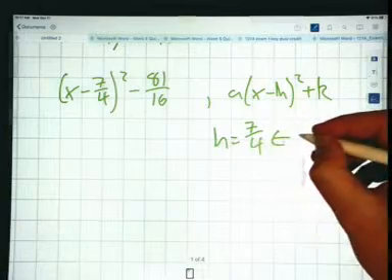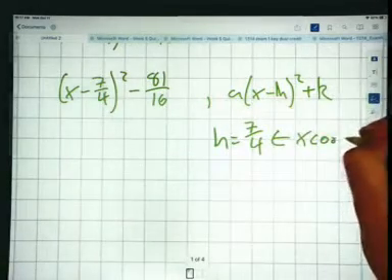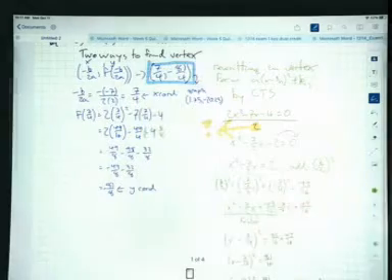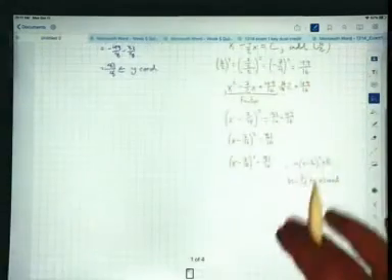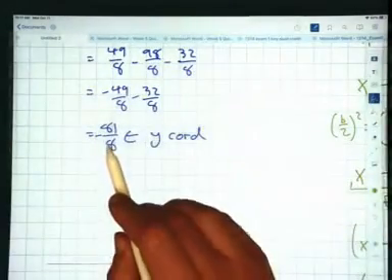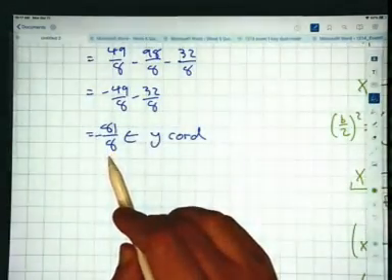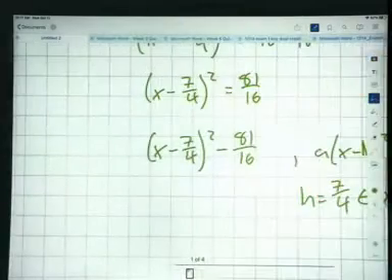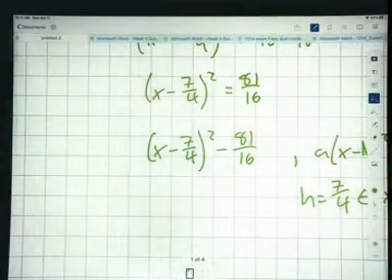That's our x coordinate, which matches what we have up here. Up here we got 7 fourths as our x coordinate, so that's good. But the problem is I have a minus 81 over 16, whereas I got a negative 81 over 8 for my y coordinate up here. So this is the problem that took me a while to recall.